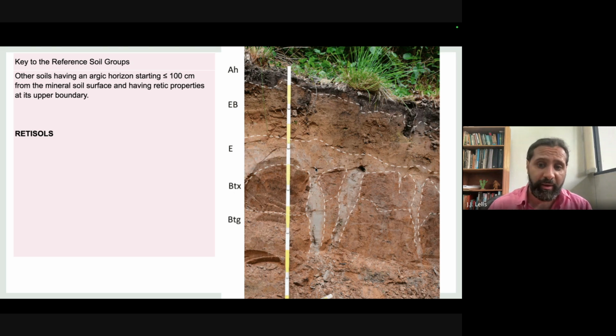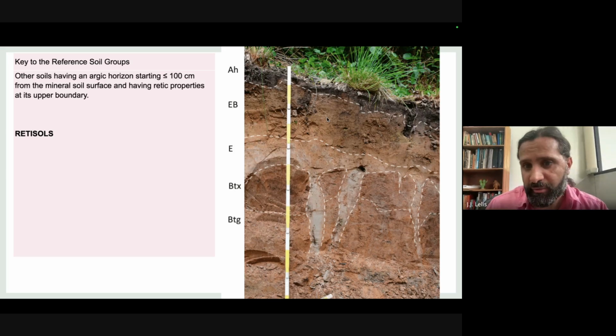Okay, these retisols are more commonly related to soils that grow on forests, and these forests will have very long and deep roots. When this tree dies, the roots are degraded by organisms, and the space that before was filled out by the roots now is filled out by the mineral soil.